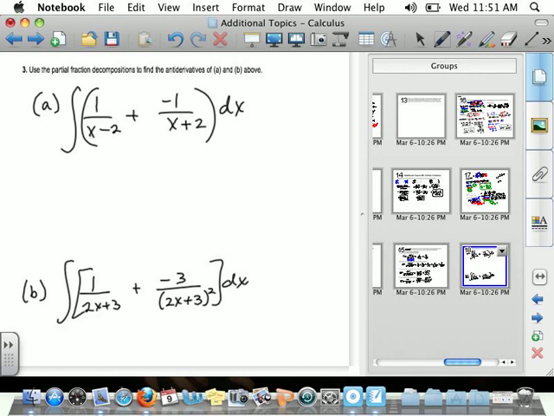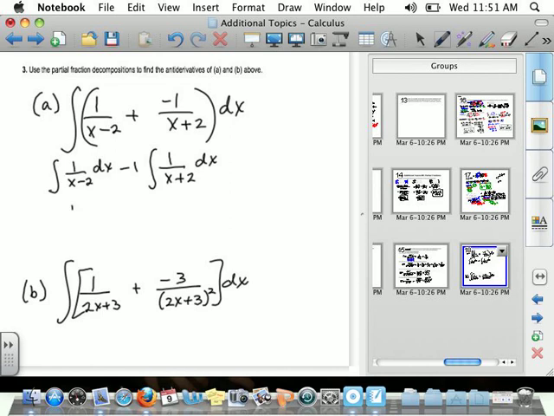Okay, so let's integrate this. Okay, so this first one you can break into two separate pieces. So I have 1 over x minus 2 dx minus 1 over x plus 2 dx. You can do a u substitution, but see how du is just 1 anyway?